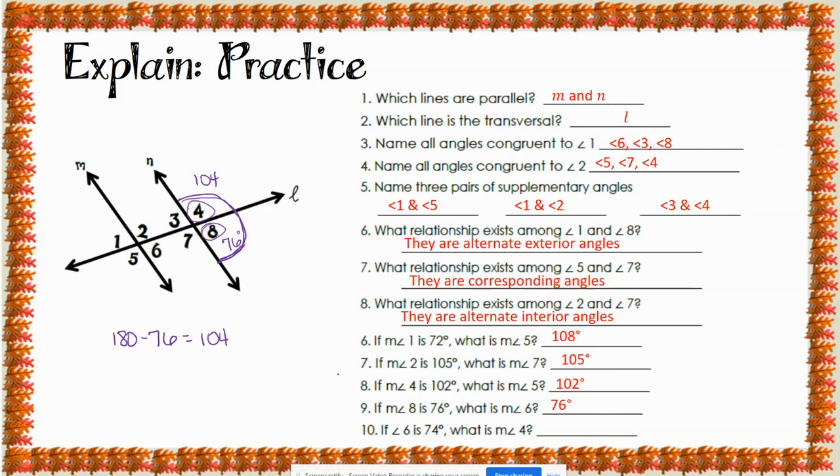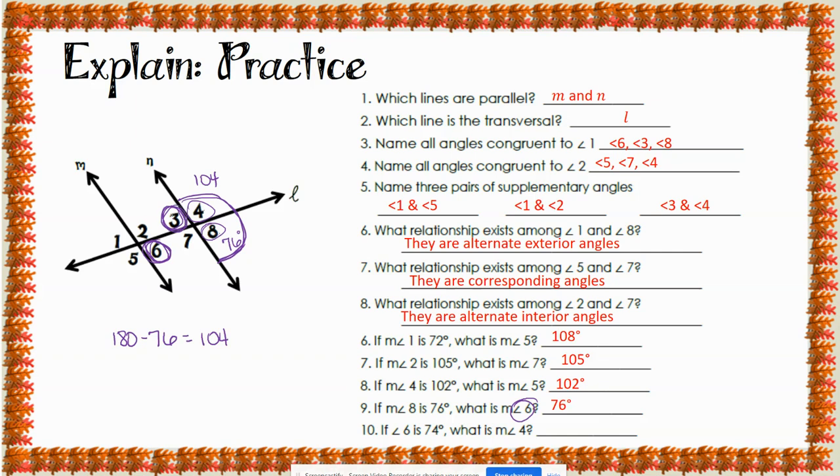Oh, I read that wrong. I'm sorry. This is asking for the measure of angle 6, not the measure of angle 4. So I apologize. Let's do that one again. If the measure of angle 8 is 76 degrees, it wants to know the measure of angle 6. Well, you would have to look at some of the relationships here. I know that 8 and 3 are vertical, so they would be congruent.